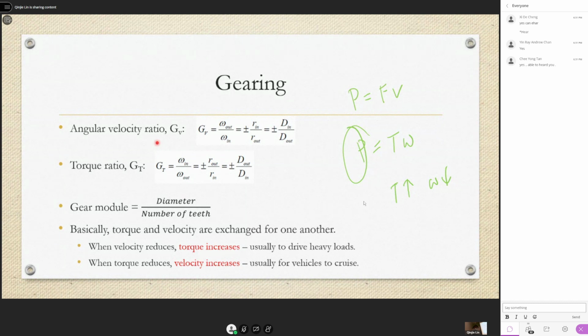Because the speed changes, but power must stay constant. You cannot lose power to nowhere. The power must be transmitted. So if the omega, which is the angular velocity, goes down, torque must go up. You understand the concept?